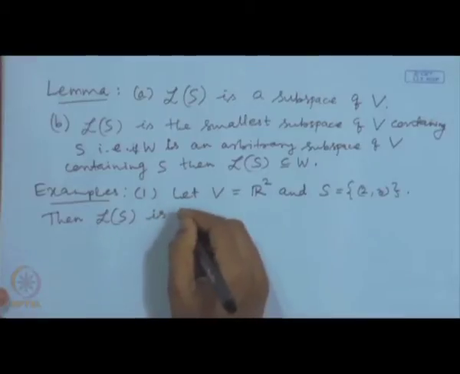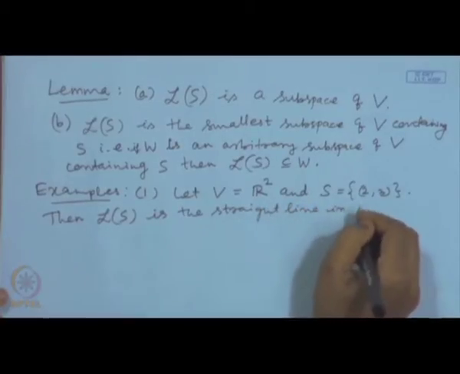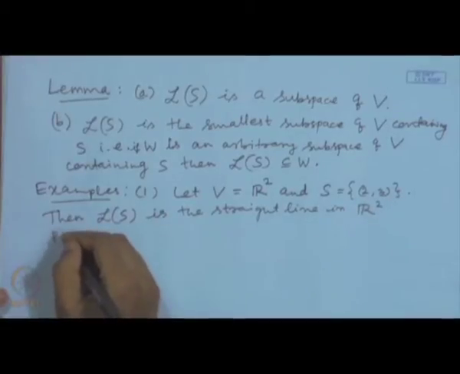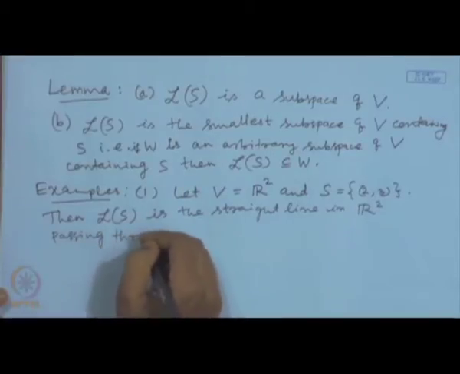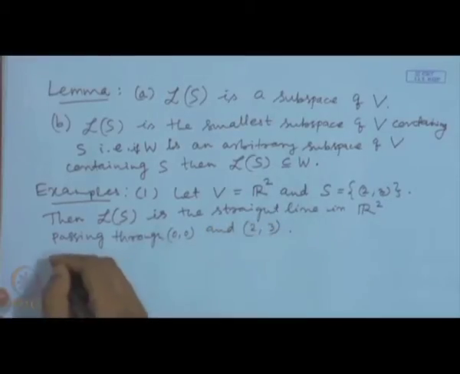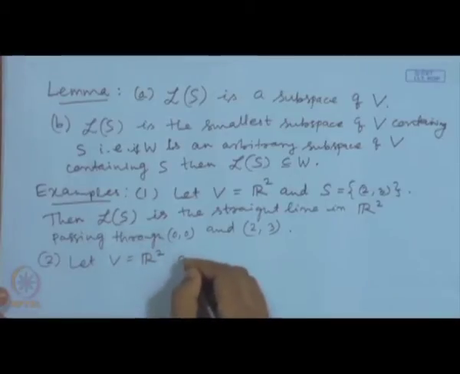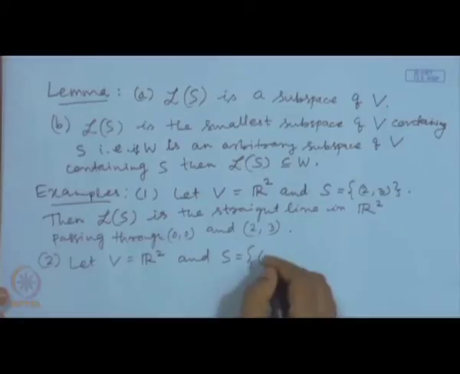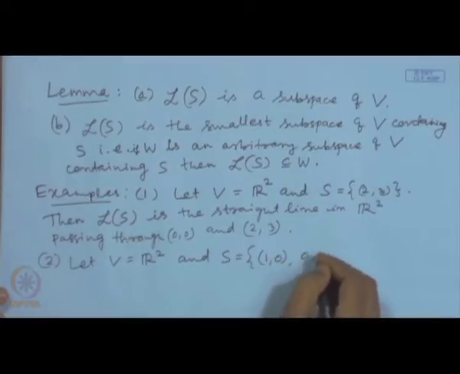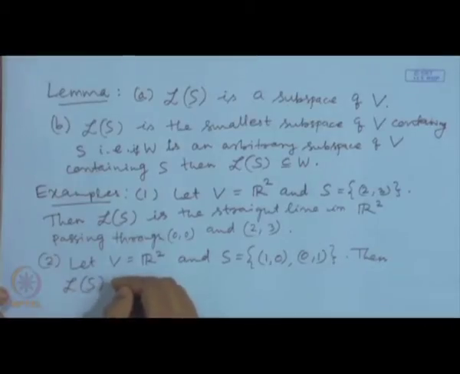Then LS is the straight line in R2 passing through the origin (0, 0) and the point (2, 3). Second example: again take V equal to R2 and S consists of the points (1, 0) and (0, 1). Then LS is equal to the whole space R2.